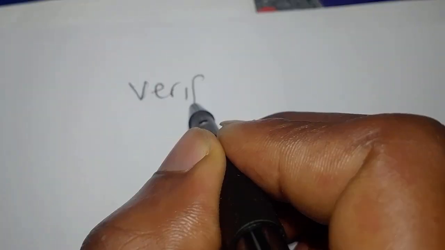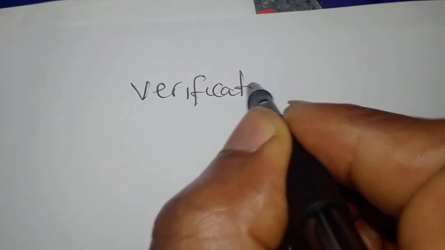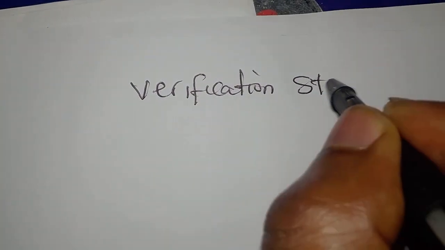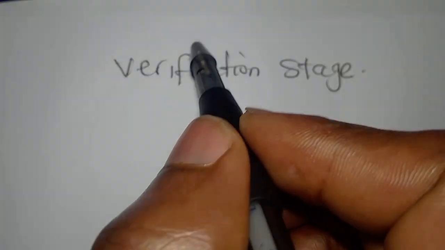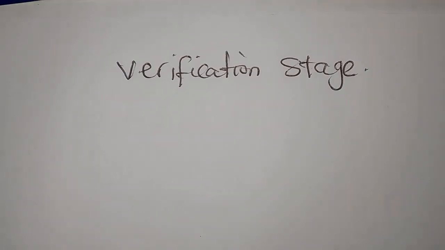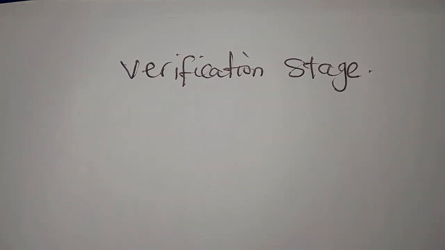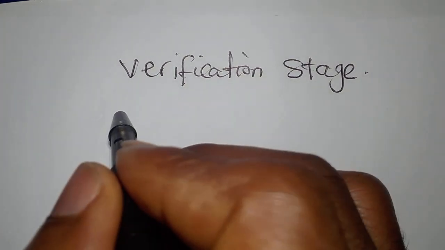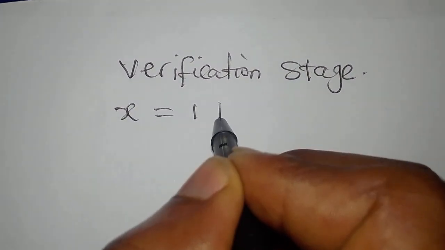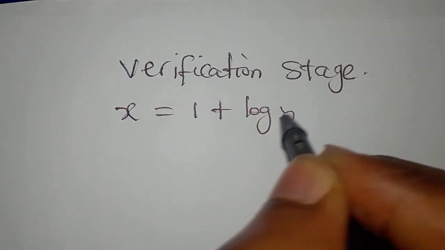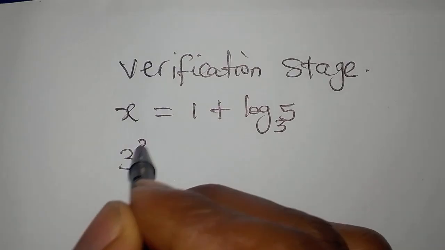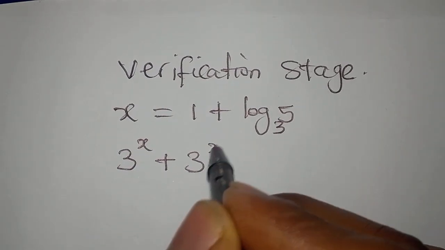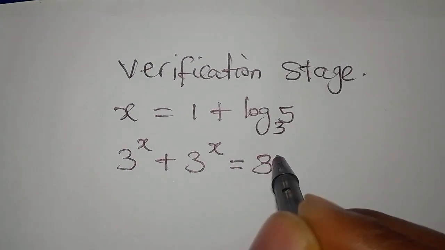Okay, so here we are, the verification stage. We have our x to be 1 plus log 5 to base 3. Remember the equation is 3 to the power of x plus 3 to the power of x equals 30.